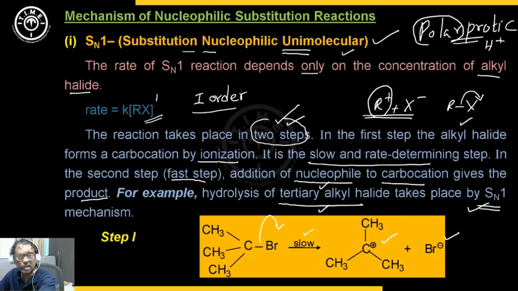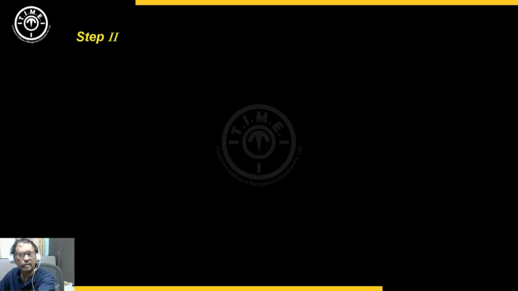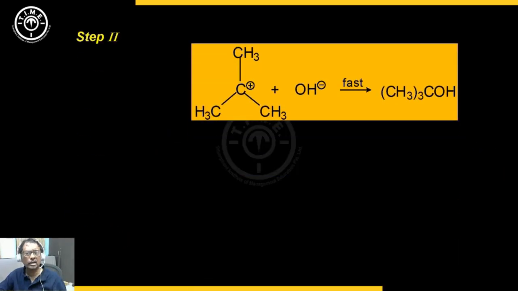What is the second step? Second step we have already mentioned, that it is a fast step. The fast step is the ionic combination. You know that ionic reactions are extremely fast. So the nucleophile, which is OH minus in this case, is taking up the carbocation to form this product, which is an alcohol. Clear? So step 2 is a fast step. The rate is not dependent on this step. Rate is dependent only on the first step.